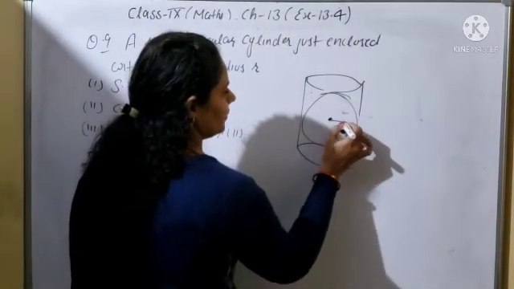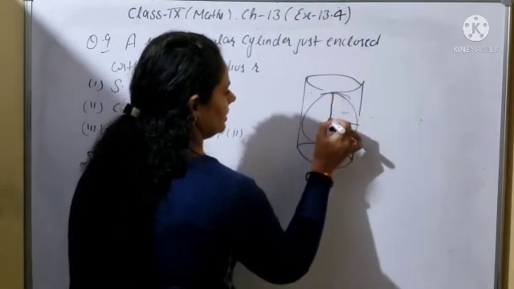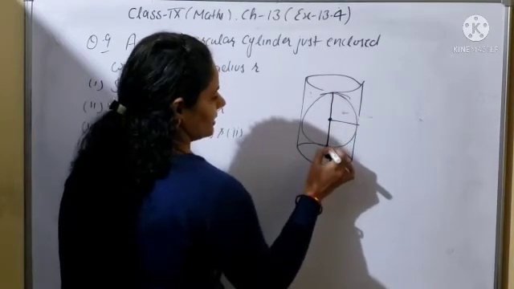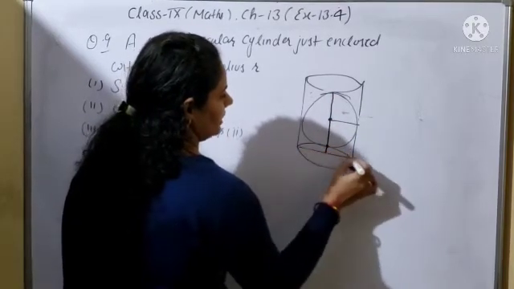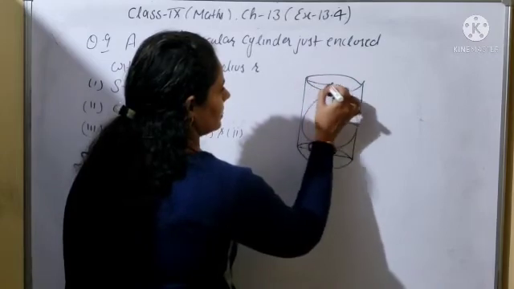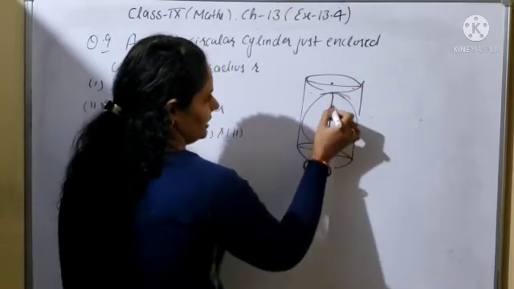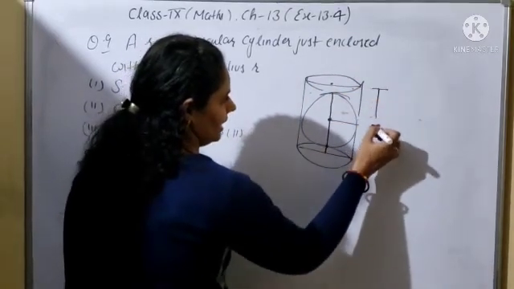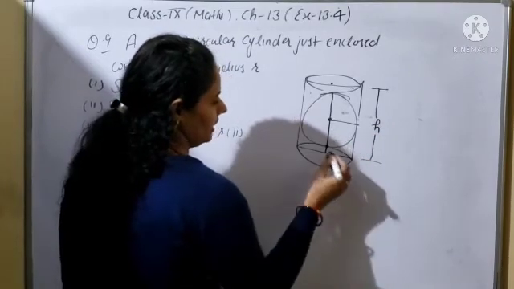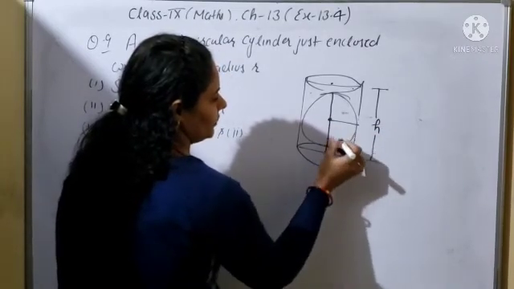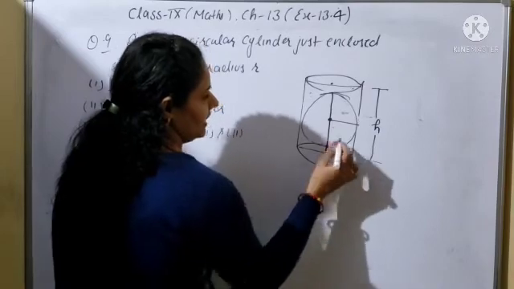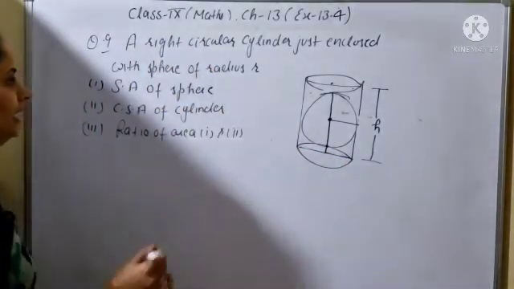So radius will be from here to here, and this one will be all the radius. Okay, so this one is called the radius, and if this one is radius, so this one is called the height of the cylinder. Okay, and radius will be same. From here to here you can assume. So radius of sphere and radius of cylinder will be same.